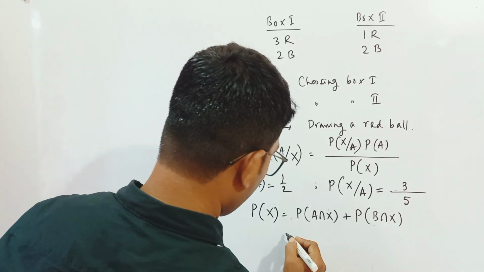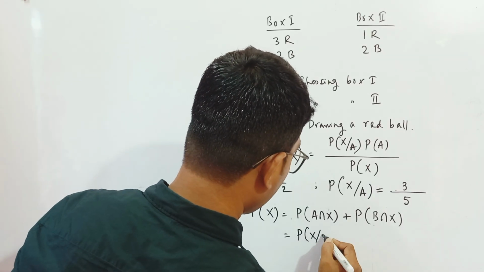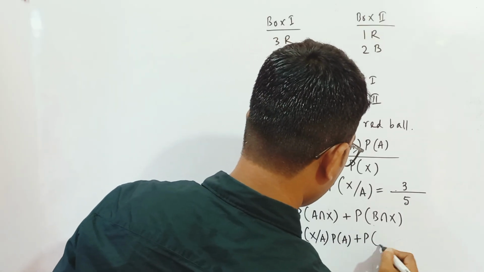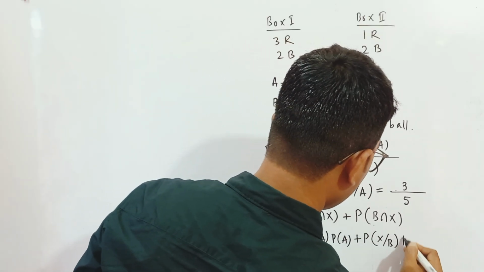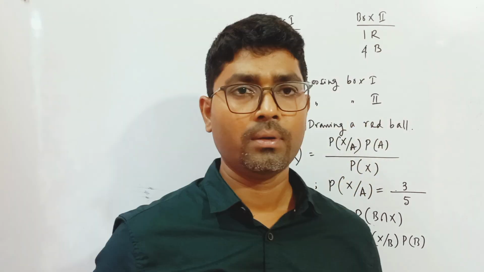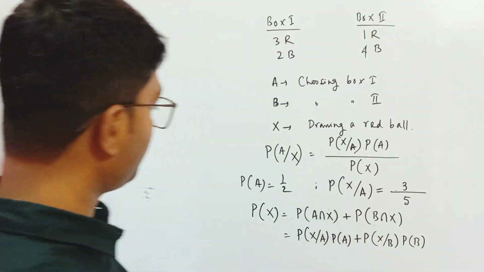From conditional probability, we can write this as P(X|A) into P(A) plus P(X|B) into P(B). Now we calculate the value of this probability.